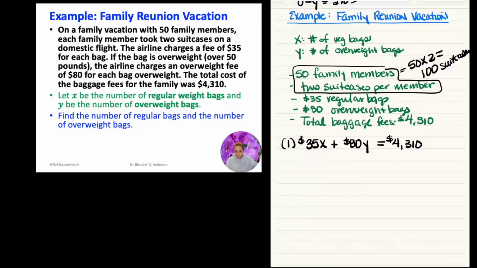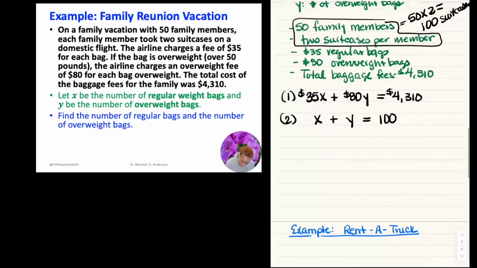The number of regular bags plus the number of overweight bags is going to be 100, because there were 50 family members and each family member took 2 suitcases. So there's our 2 equations.